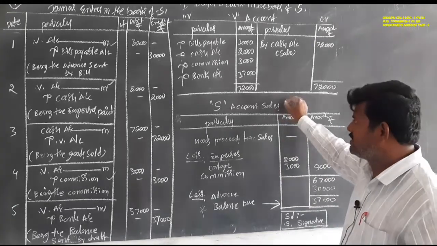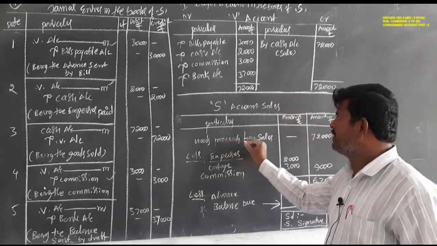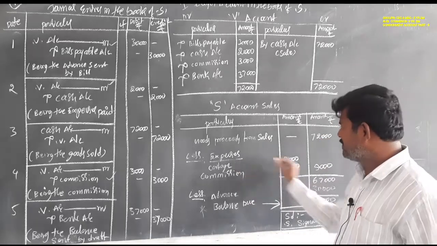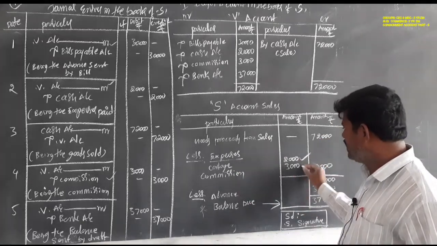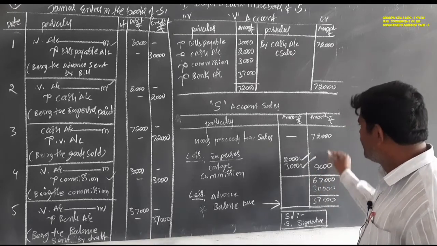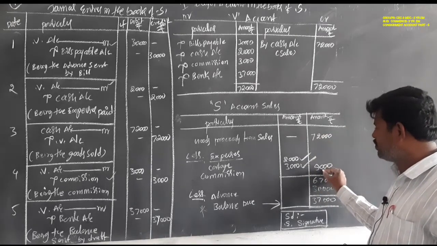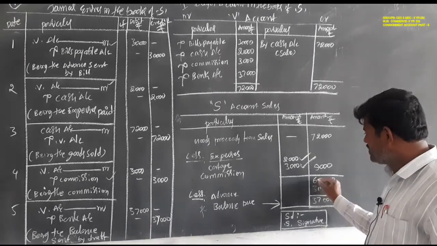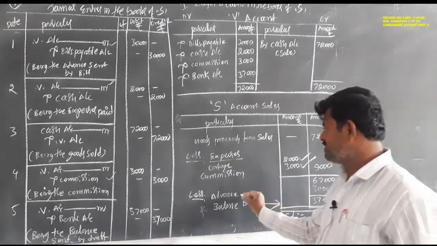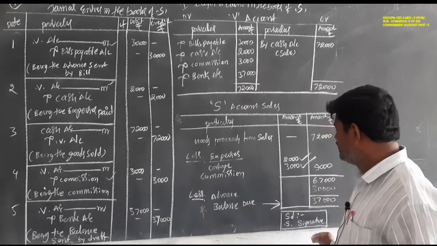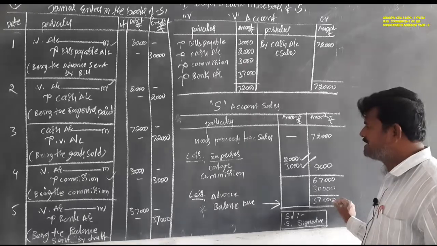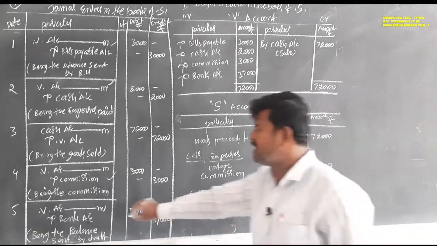This is the account sales. Gross proceeds from sales 72,000 rupees, consignee cartage expenses 2,000 rupees, consignee commission 3,000 rupees. From 72,000 rupees deduct 5,000 rupees, we get 67,000 rupees. From 67,000 rupees the advance of 30,000 is deducted, and the net balance due, 37,000, is sent through bank draft.